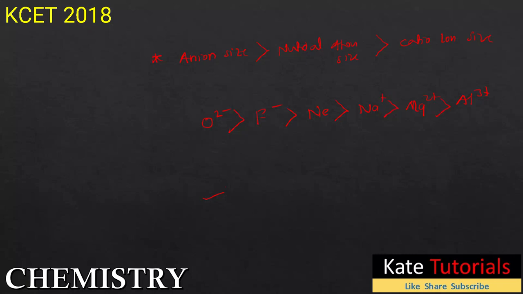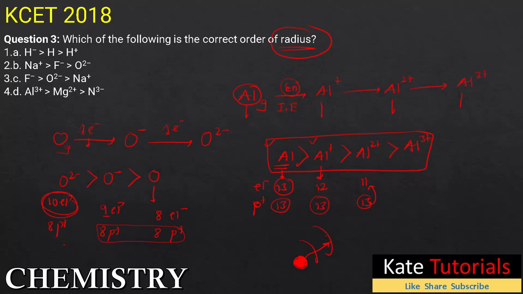It is the order of size, right? So in option D, Al3 plus greater than Mg2 plus is wrong. Always Mg2 plus will be greater than Al3 plus, and the anion will be highly greater. So this order is wrong.